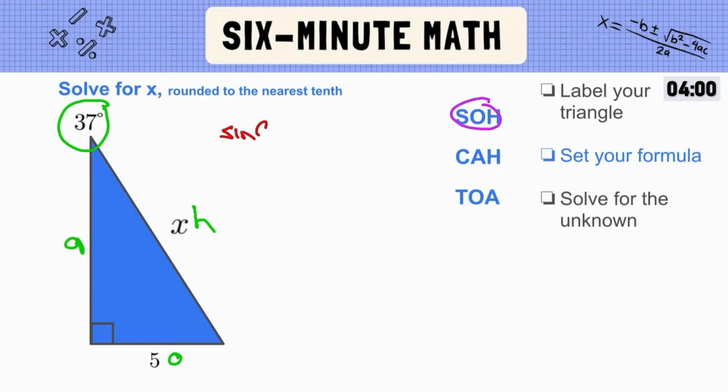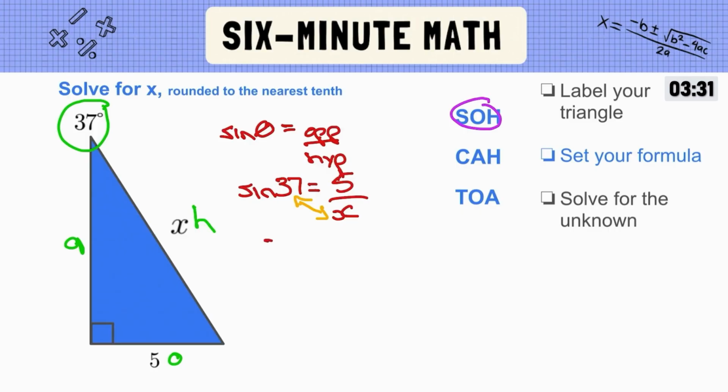So we know that sine theta is equal to opposite over hypotenuse. So I plug numbers in. We have sine of our reference angle 37 is equal to 5 over x. When our variable is in our denominator, we can just pull an old switcheroo here and switch up our variable and our trig function.